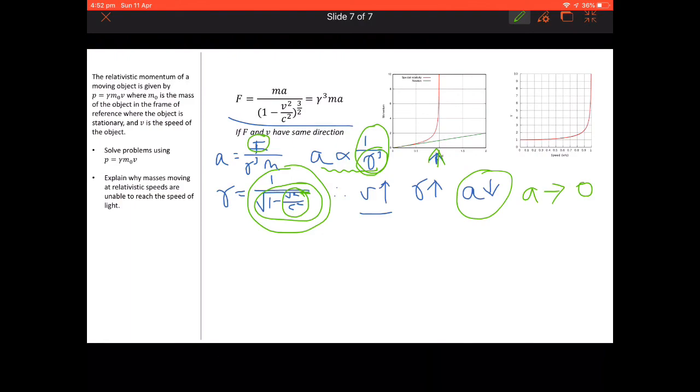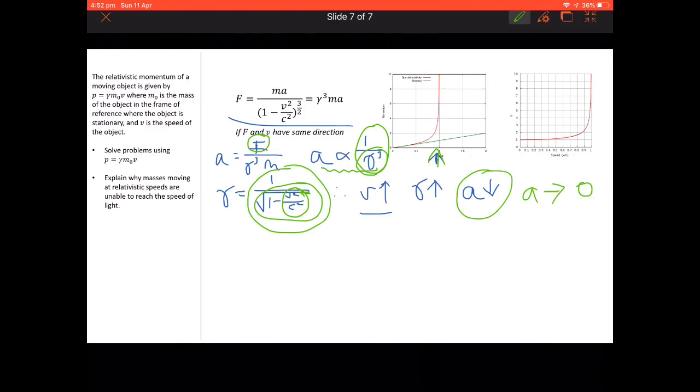So as the ratio of the relative velocity to the speed of light is equal to 1, the force required for each additional increment of velocity becomes larger and larger until no amount of force can increase the particle's velocity any further.